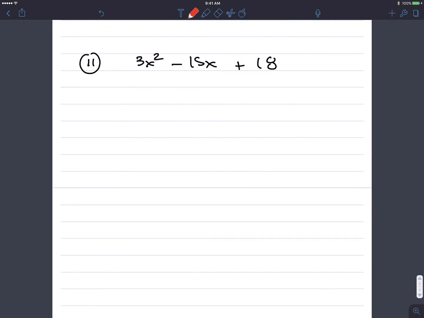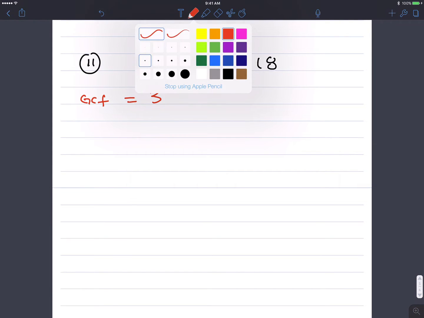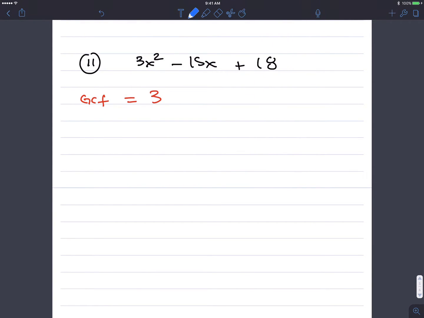Greatest common factor. What's the GCF? Just 3. You got x squared, you got x, and x isn't even common, so all right, fine. Let's find the quotient. Okay, GCF is 3, so we get 3x squared minus 15x plus 18. A quotient means, what's the answer when you divide?